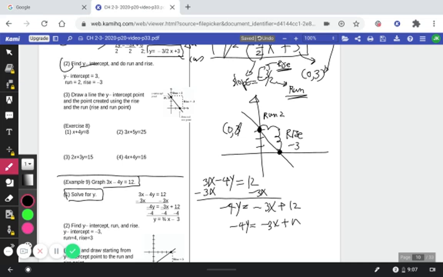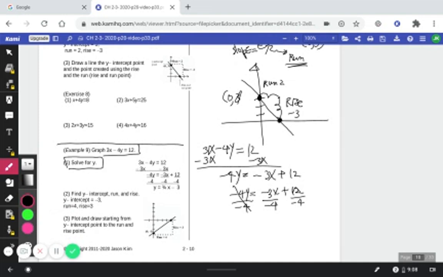So you have a y alone on the left side of the equal sign. When you do that, it will look like this. So these two cancel out, you end up with y equals negative 3 over negative 4, which means 3 over 4, because the two negatives cancel each other in front of x.